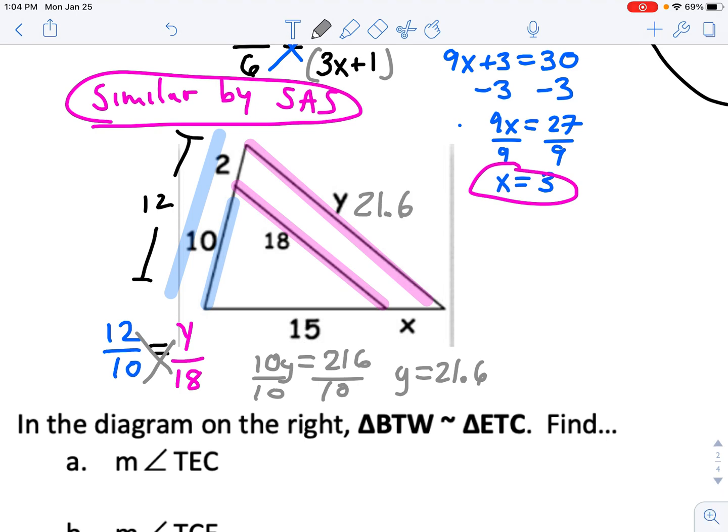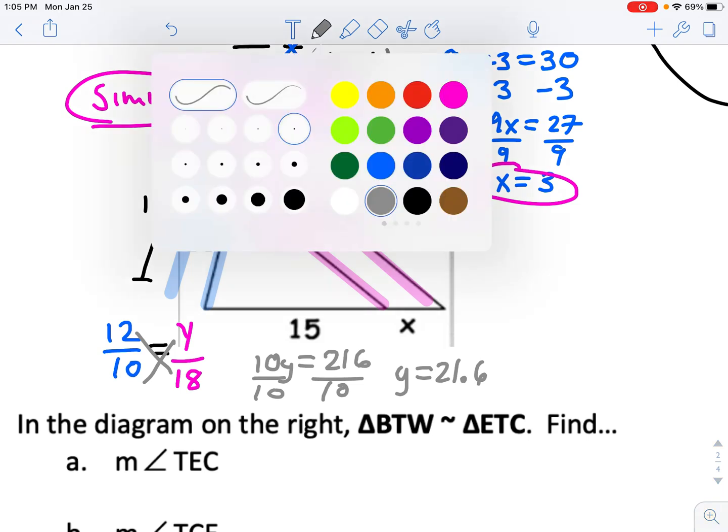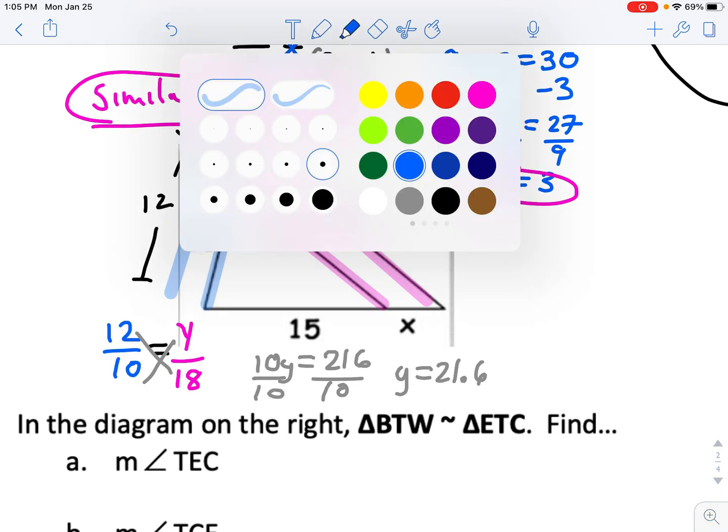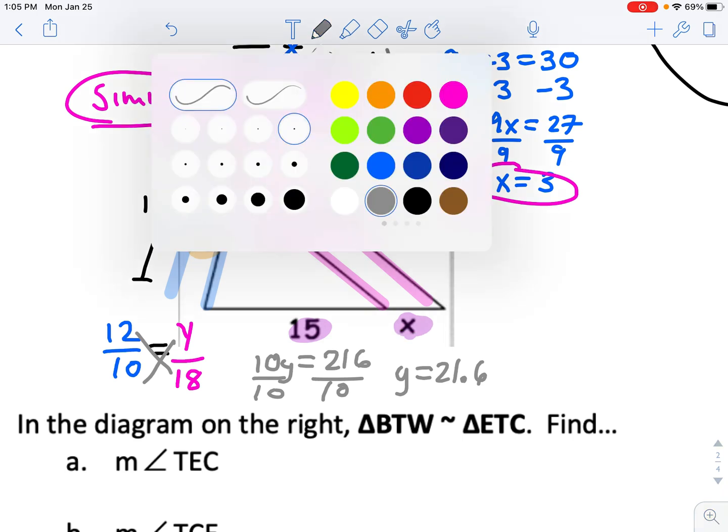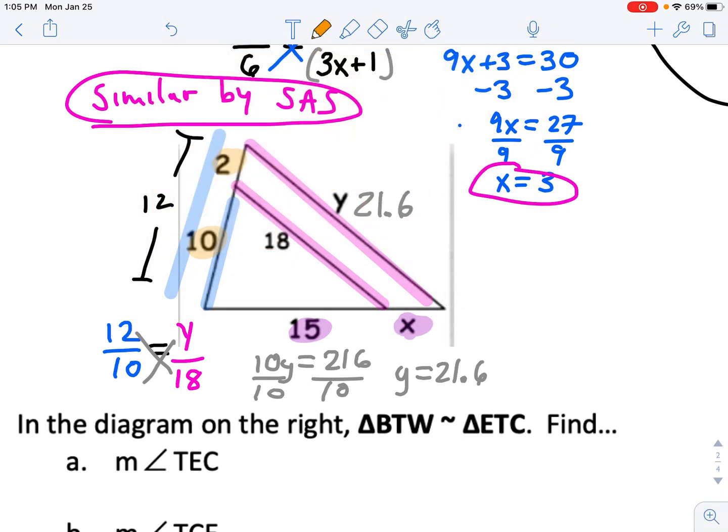So a lot of decimals going on right now, that's not a big deal. Next, we got to do x. So this is a little foreshadowing. We could also set it up like this, where we look at 10 and 2, and we look at 15 and x. All right, so we don't have to get too fancy.